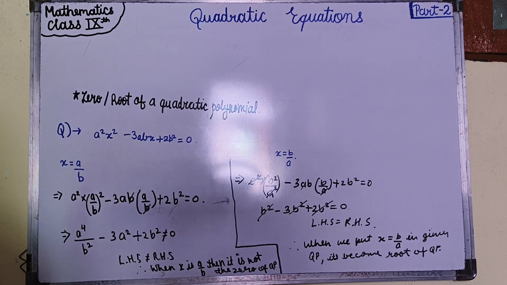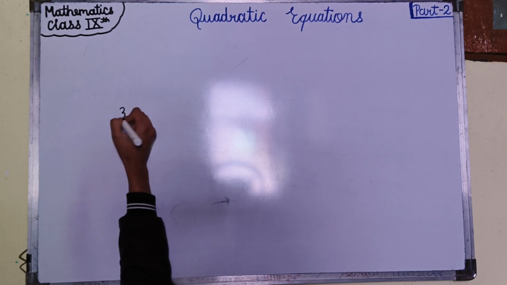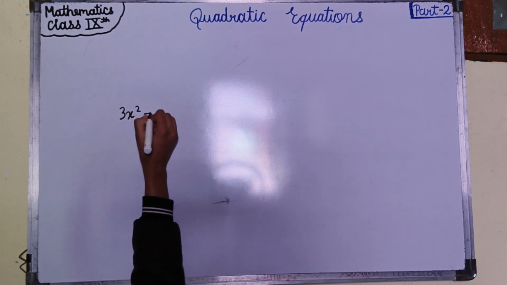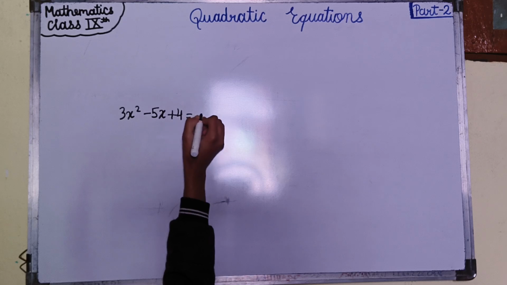Now let us see quadratic equation. Consider a quadratic polynomial 3x square minus 5x plus 4 equal to 0.